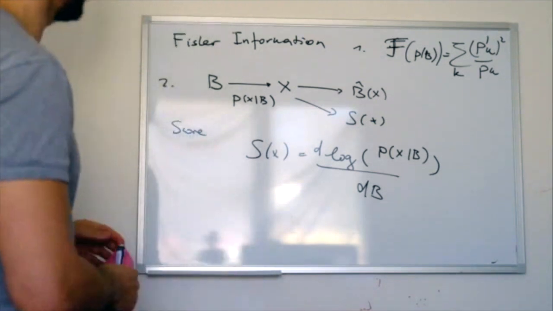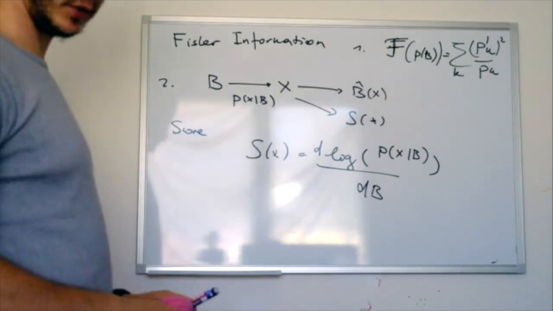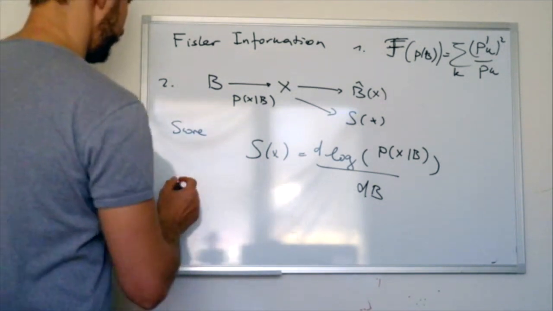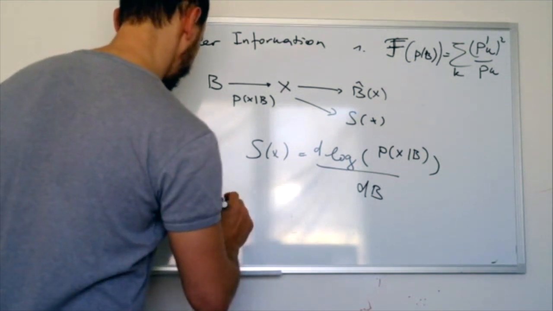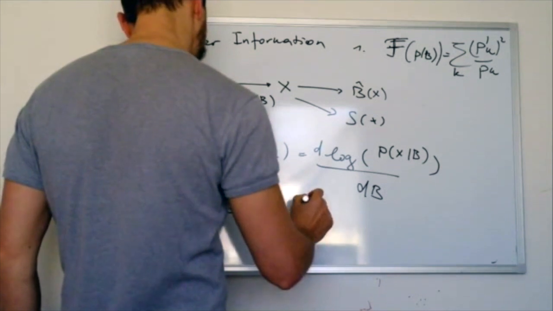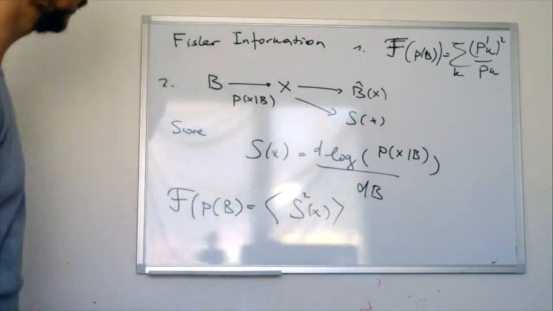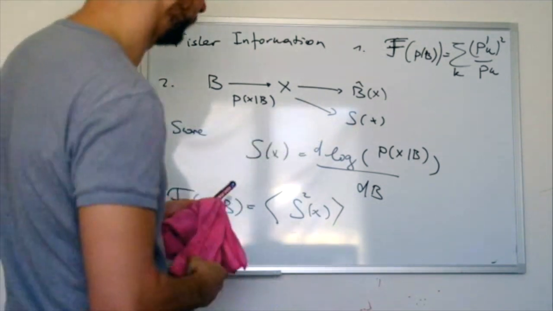Now the point of why this is nice is that the Fisher information is actually just the expected value of the square of this random variable s. So this is another definition: F of P of b is equal to the expected value of s of x squared. Now how to see it? Well, just take this definition and derive things.